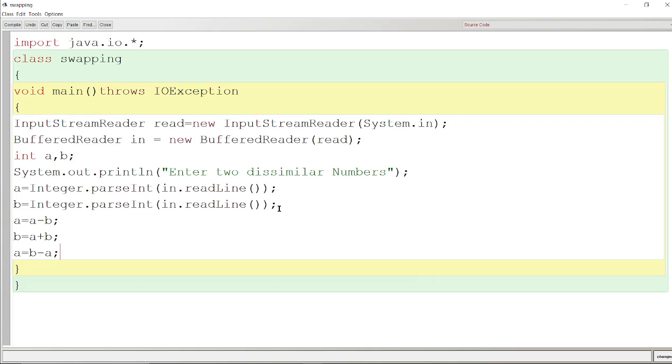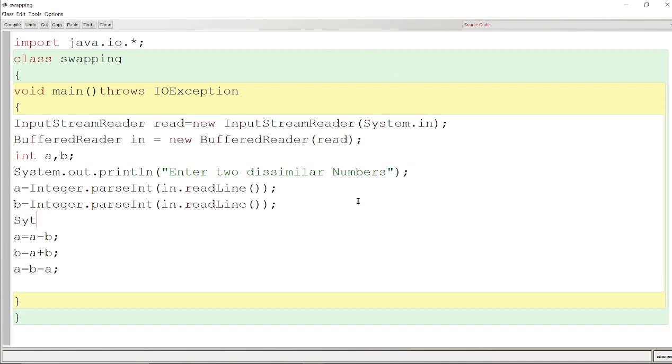So now what you are getting from here, now you have to print the result. So see, first let me print the number.